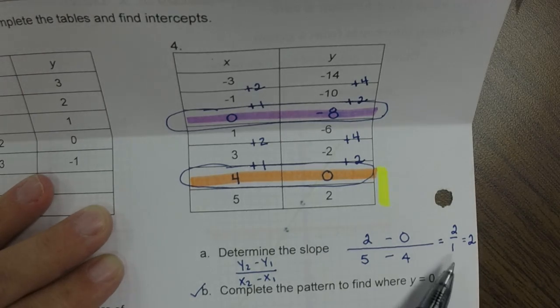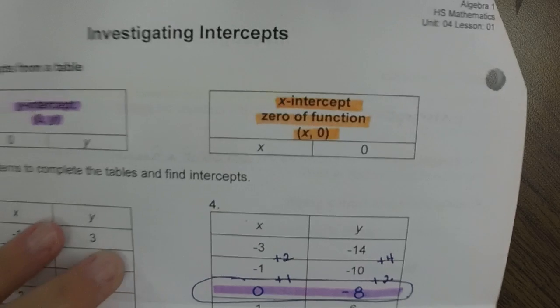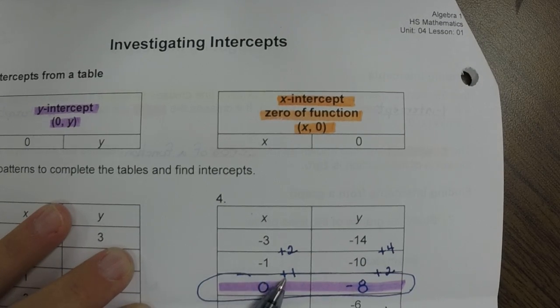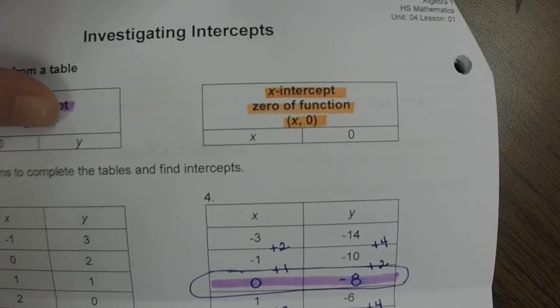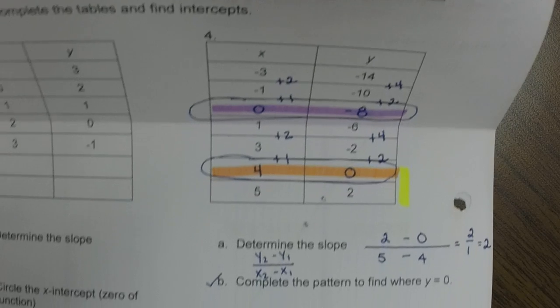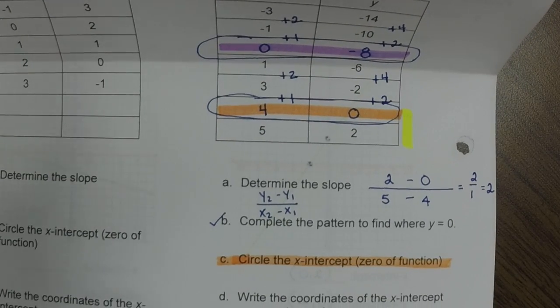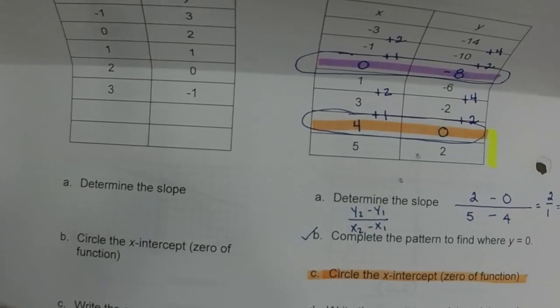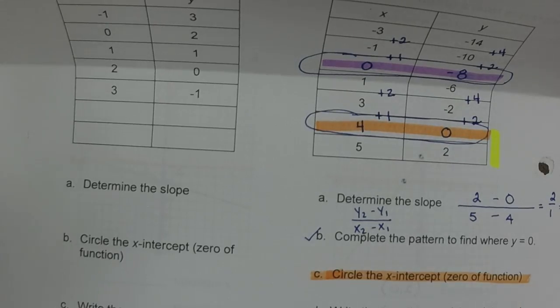That means every time the x value goes up 1, the y value goes up 2, which is how we figured this out as well. When we went up 1 in the x, we went up 2 in the y. So that's how our slope matches up with our table. Okay. So again, number 3 is easier, this left-hand column, so I want you guys to go back and do that part.